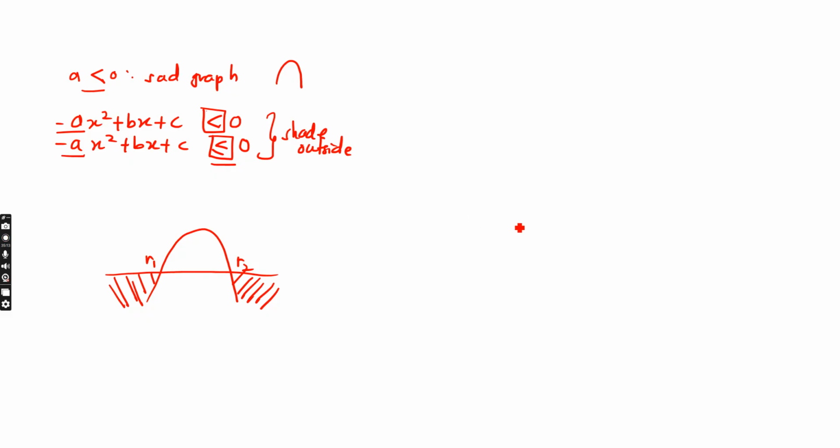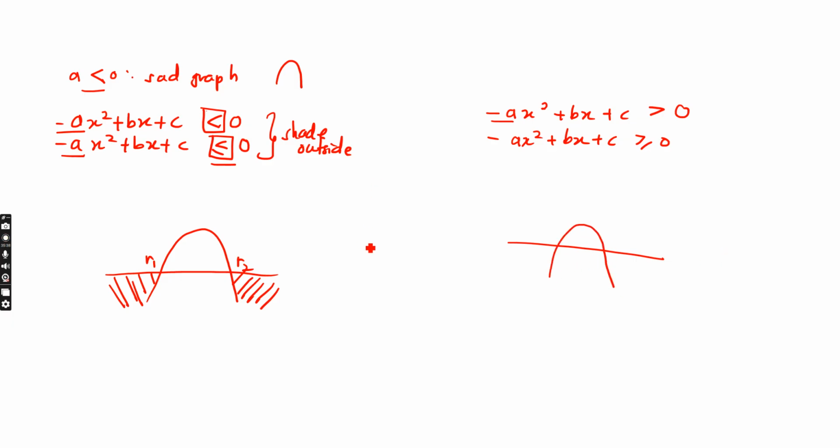Okay, so let's say you have another situation where you have a quadratic, negative ax square plus bx plus c greater than 0, or greater than or equal to 0. First of all, we know already that this is a sad graph, so we draw a straight line, sketch. Okay, sorry, a bit slow.